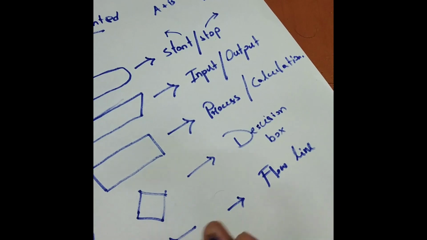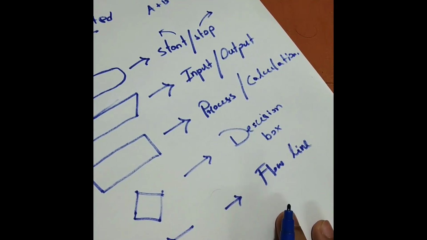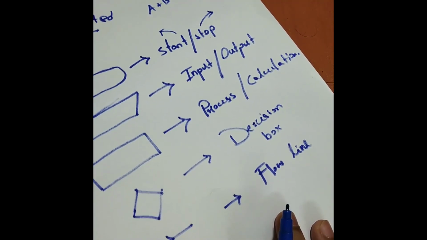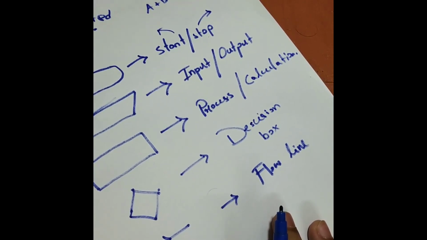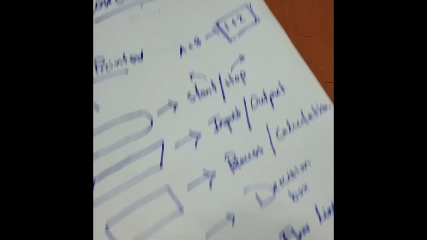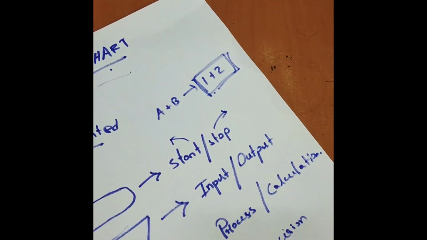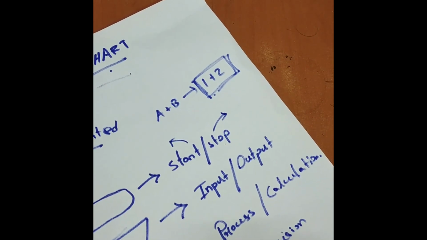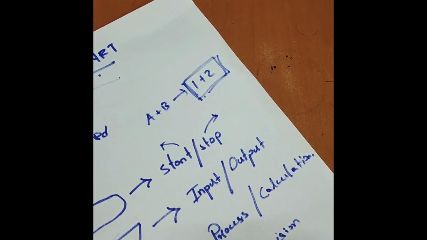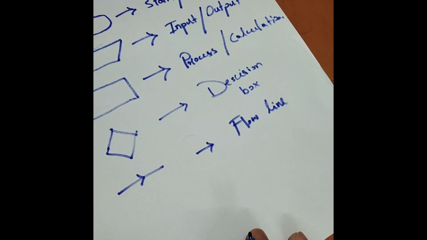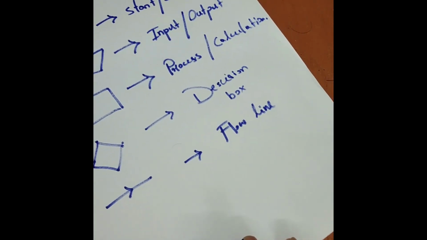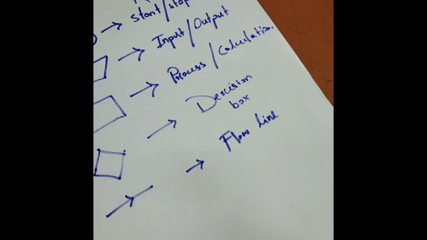These things will help us make a pictorial representation of any code in C, Java, Python, or any kind of stuff. This flowchart will help us make the pictorial representation in order to understand the code thoroughly, right? So let's take an example then. Then it will be more understandable.